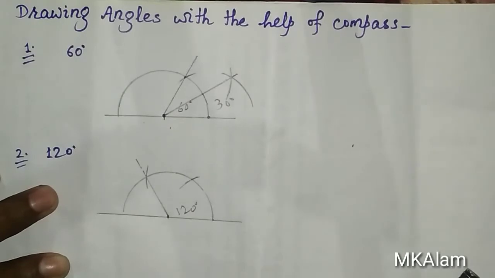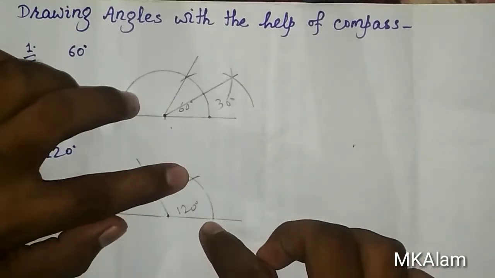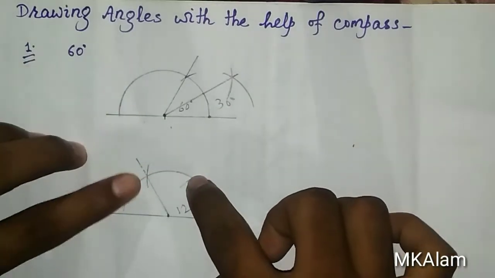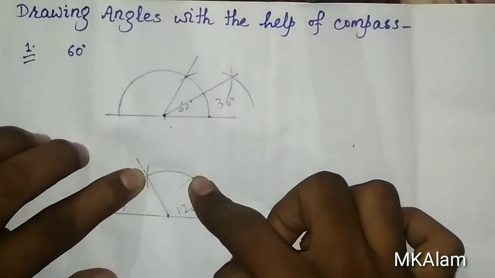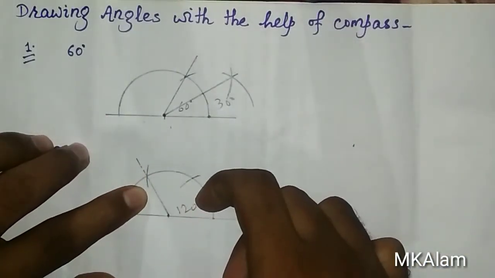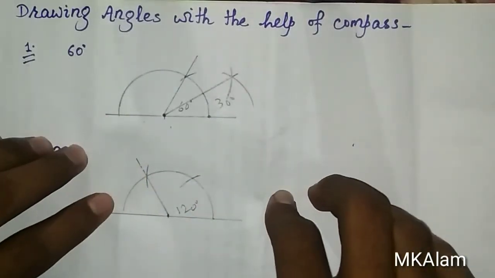Okay, and you know very well from here to here you have a 60-degree angle, and from here to here it is a 60-degree angle. So with this figure you can also make 90-degree angles easily.